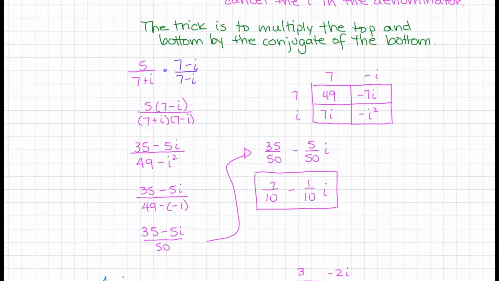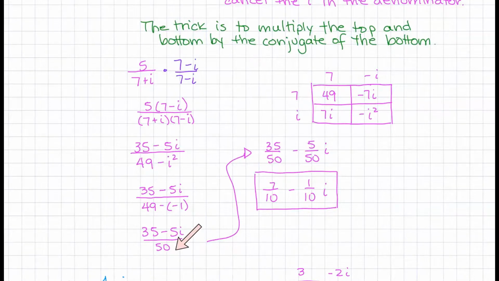So all we're left with is the 49 minus i squared. And then again, we know i squared is negative 1, and 49 minus negative 1 is 50. So by multiplying by the conjugate, we were able to get a real number in the denominator. And that's the key.